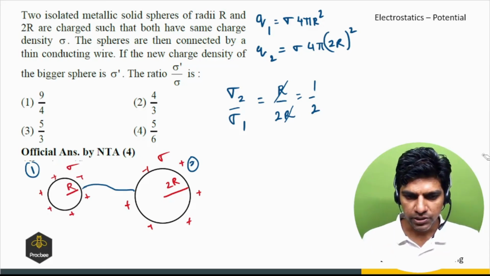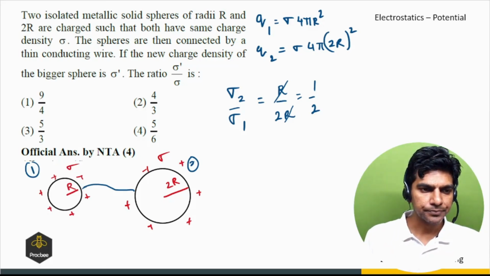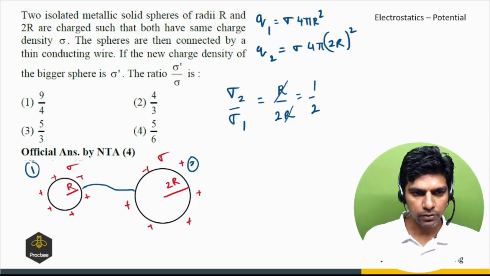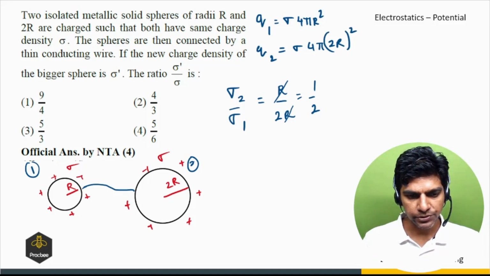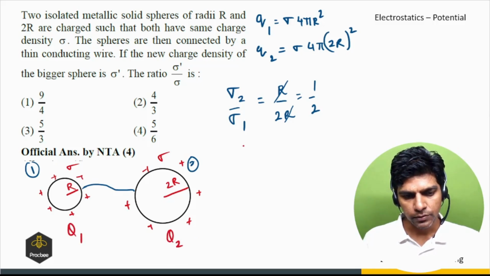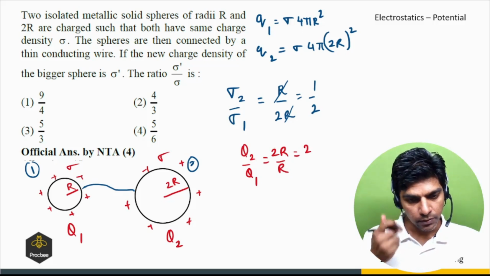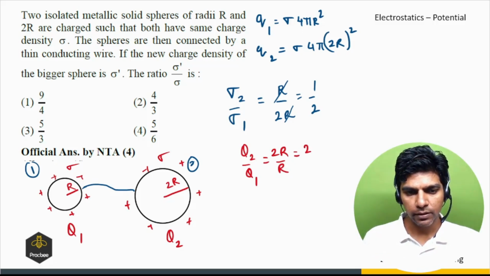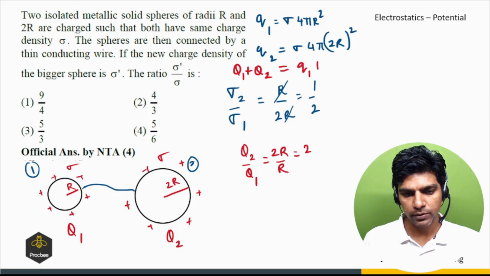And the final charge on the second sphere I call q2 and the final charge on the first sphere q1, so we can say q2 by q1 will be 2r by r, so that will be 2. And what is the total charge? By charge conservation, Q1 plus Q2 should be equal to small q1 plus small q2.